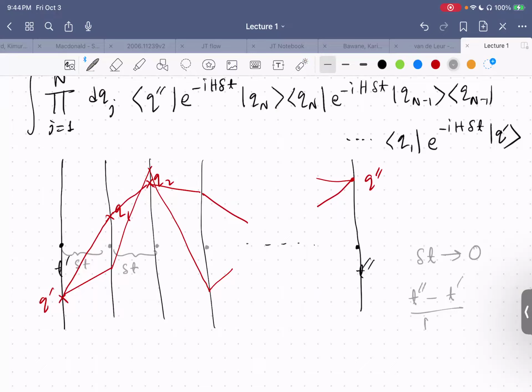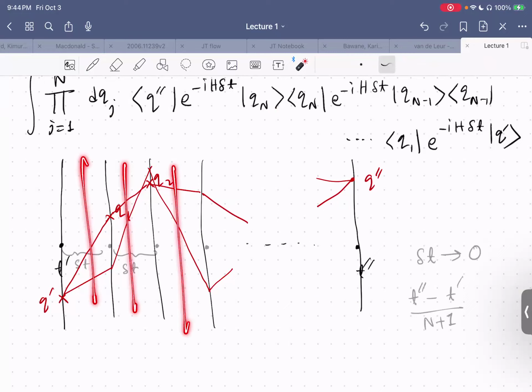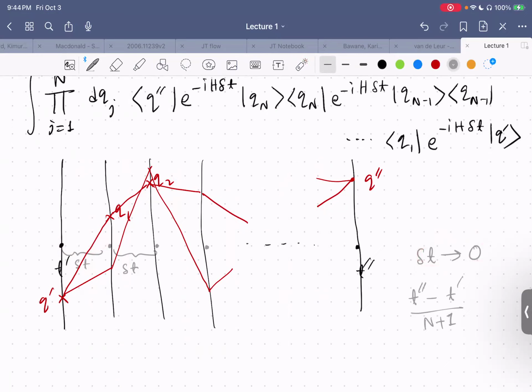So what we're going to change is how many intervals we divide it up into, right? So here we're saying that we're dividing it up into n+1 intervals. Okay, but now if we divide it into twice as many intervals, then the size of the intervals becomes smaller. So we will be interested in this limit, which basically corresponds to that we are going to divide these paths into infinitely many intervals.